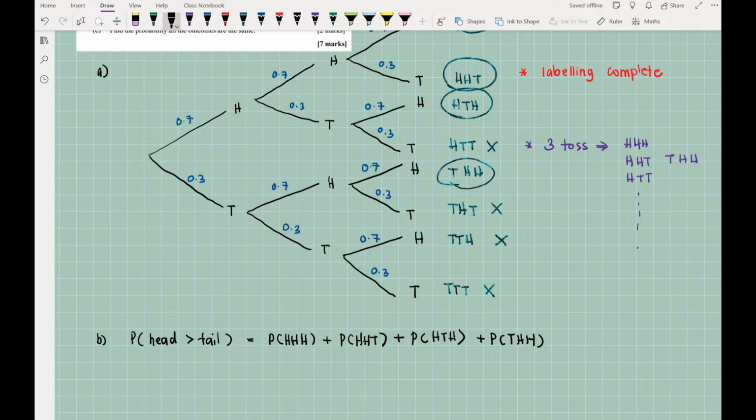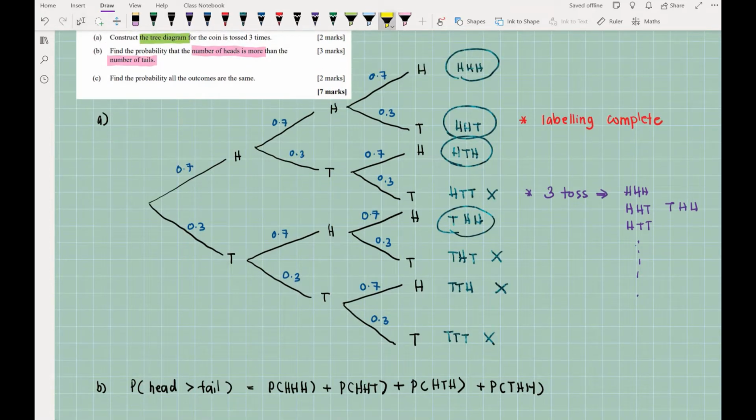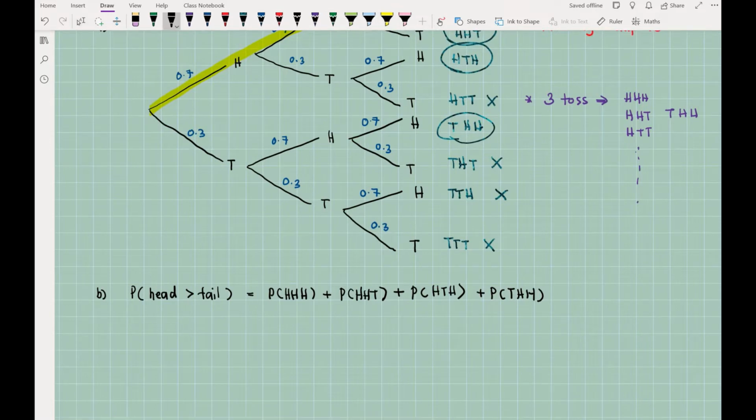And how do I calculate these probabilities? Please remember, we are going to multiply along the branches. So, yang saya highlight tu saya akan darabkan lah. 0.7, 0.7, 0.7. Okay, so that will be the first one here. 0.7 times 0.7 times 0.7.